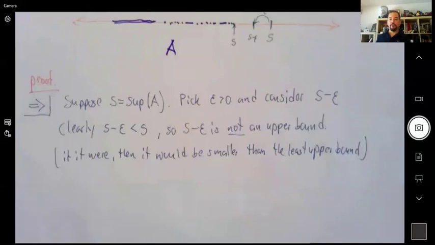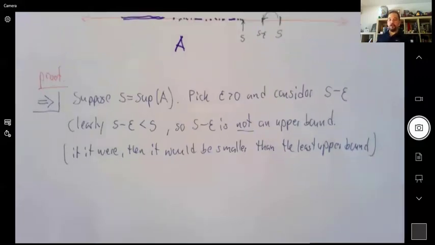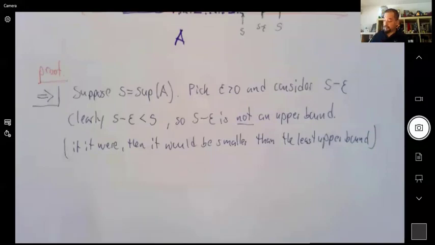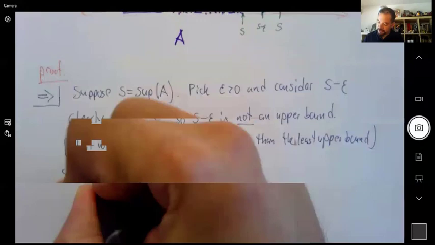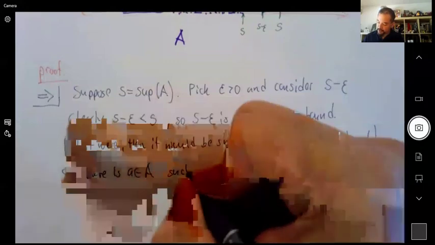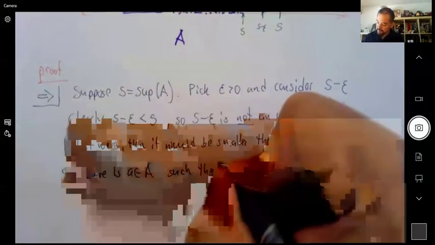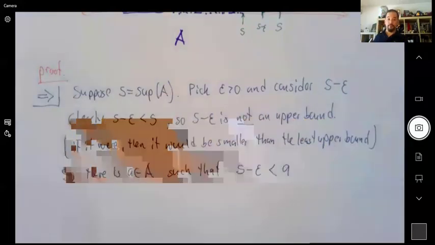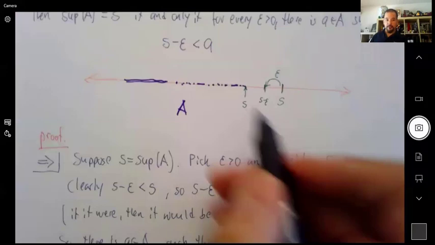And what is the meaning of not being an upper bound? If you're not an upper bound, then that means there is an element that is bigger than this number. So there is a little a in A such that S minus epsilon is to the left of a. And that's what we wanted to prove. Remember, that's the property we want. This one over here.